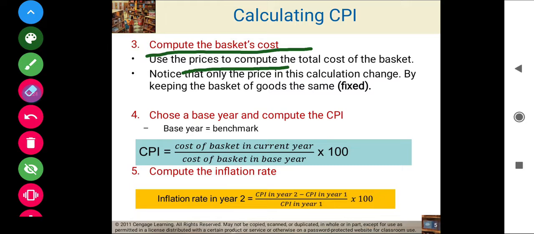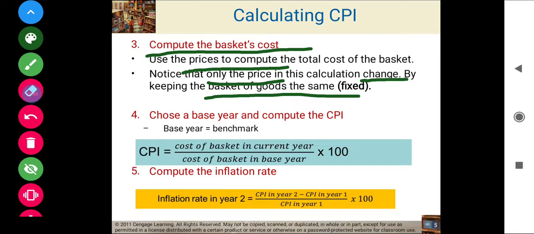We have to notice that only the prices change in this calculation of CPI. So we keep the basket of goods the same, or fixed.